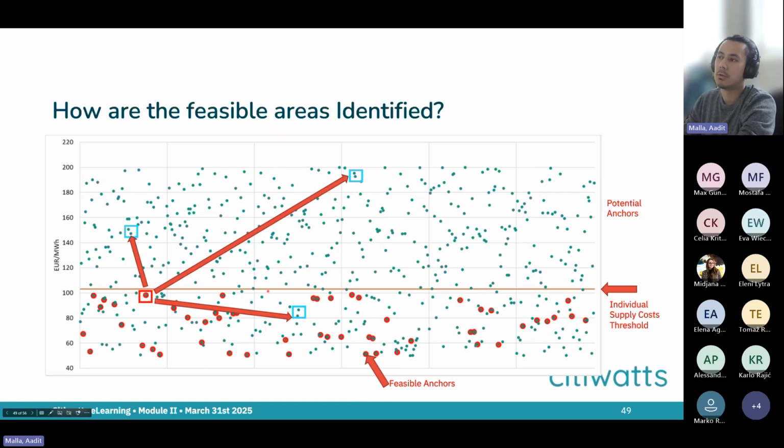So all district cooling identified areas are areas where the cost of setting up a grid is cheaper than providing from an individual system. So that's the basic working of the calculation module.